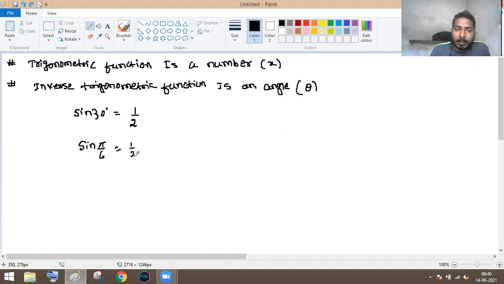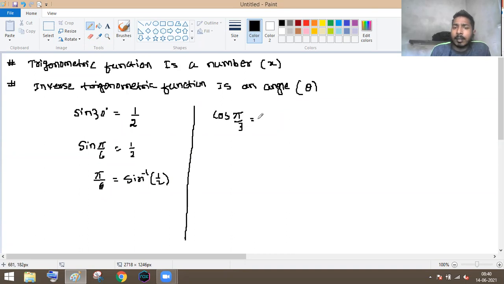So can we say that pi by 6 equals sine inverse 1/2? Understood? If I ask you the value of cos pi by 3, it is also 1/2. So if I take the cos to that side, I will get pi by 3 equals cos inverse 1/2.